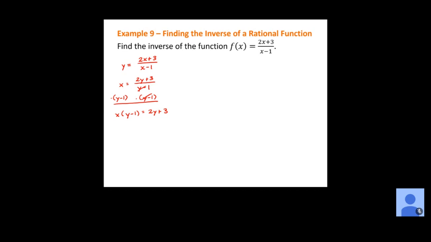Okay, so we are eventually going to move the 3. Okay, now before I do that though, let's do this. I'm going to go ahead and distribute the x into this set of parentheses over here.